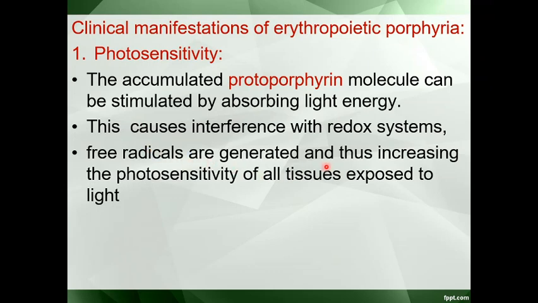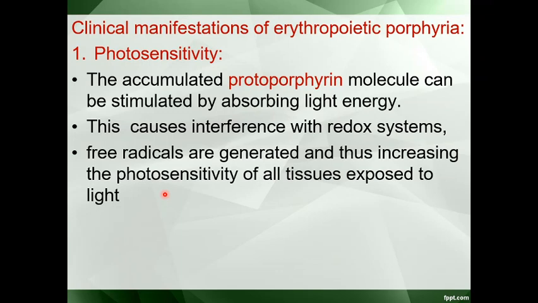Free radicals are generated, and you know that free radicals are hazardous to the skin, the liver, and other important parts of the body. Thus the photosensitivity of all tissues exposed to light is increased, and free radicals always cause damage to various organs.